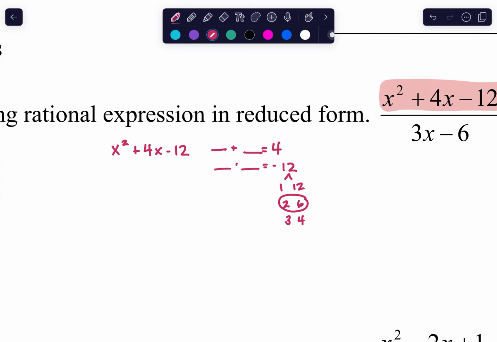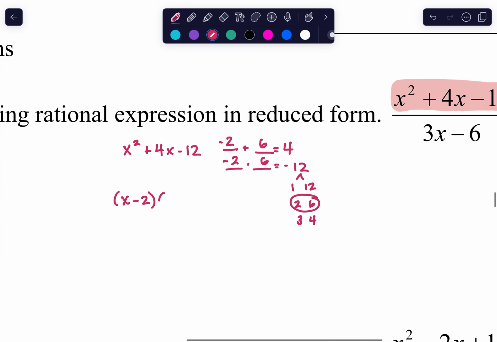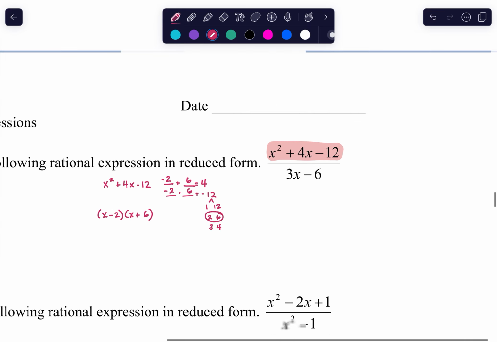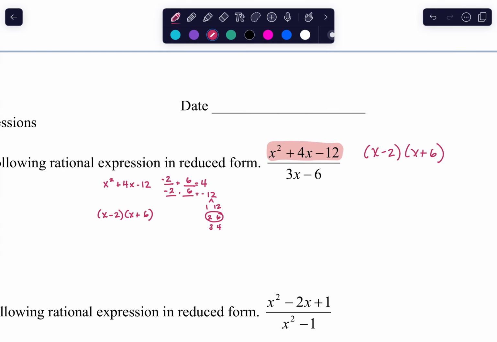So the combination will be a 2 and a 6, a -2 and a +6. My leading coefficient is just 1, so this factors to x minus 2 times x plus 6. Okay, so I'm going to write that up top over here. x minus 2, x plus 6.